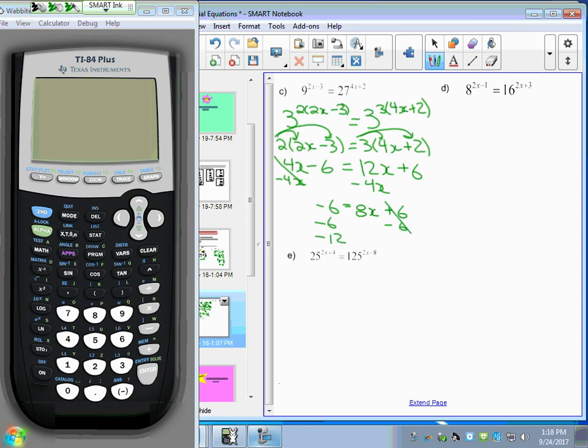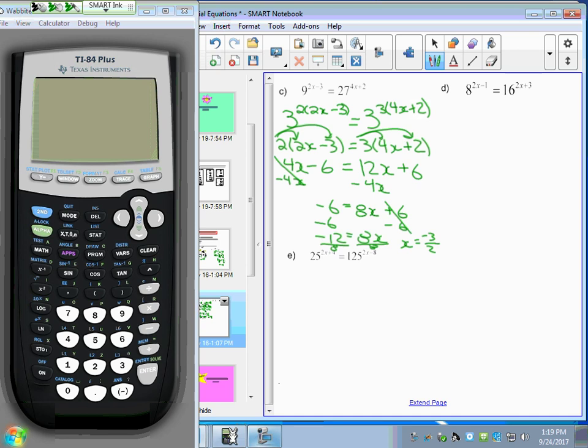We get negative 12 equals 8x. And I'm guessing you guys have less room than I do. Now we divide both sides by 8. And we get x equals negative 12 over 8, which can be simplified to x equals negative 3 over 2. Good, that's our answer. So it's not always going to be super nice numbers, although that one's not too bad.